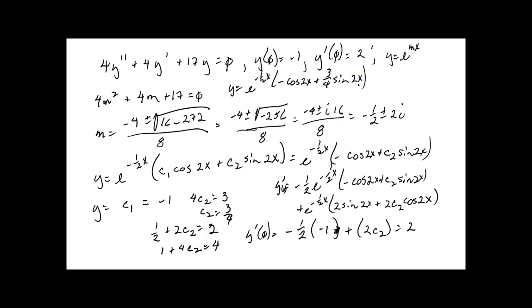That should be it. Let's see what they got. They put y equal to e to the minus x over 2, we did 1/2 x, which is fine, times minus cosine 2x plus 3/4 sine 2x. Done.